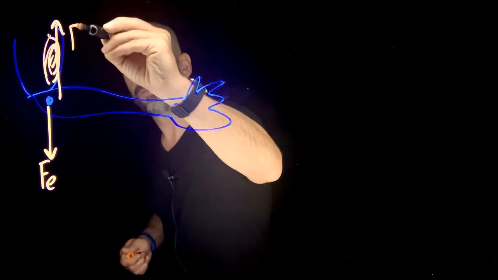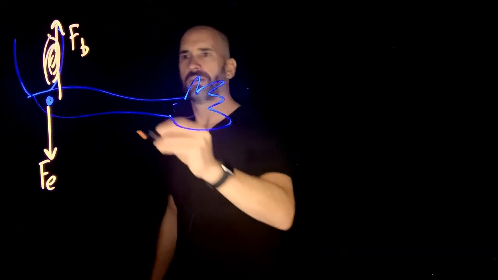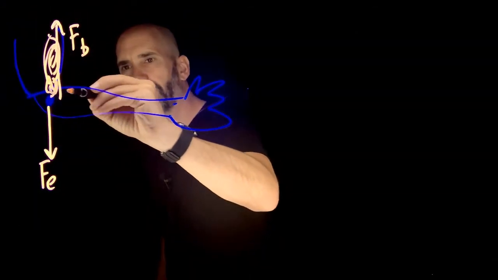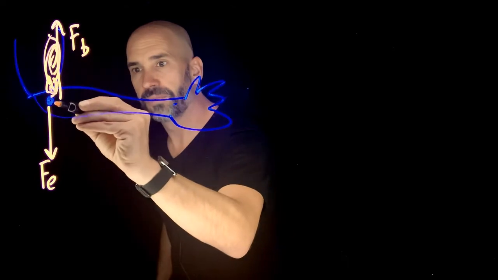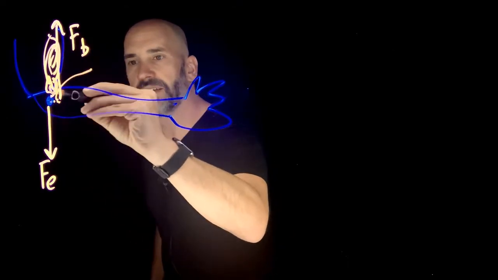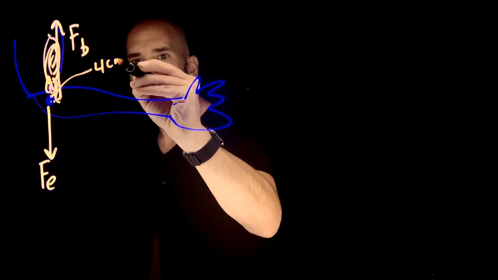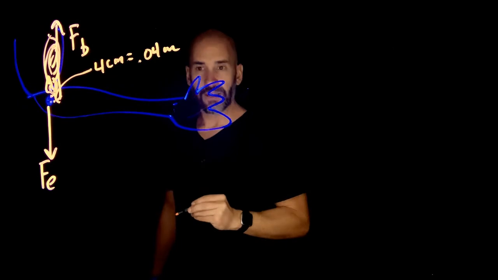I'm going to call that force B for bicep force. The bicep's pulling up on the arm, and that distance is very small, 4 centimeters, which is equal to 0.04 meters.